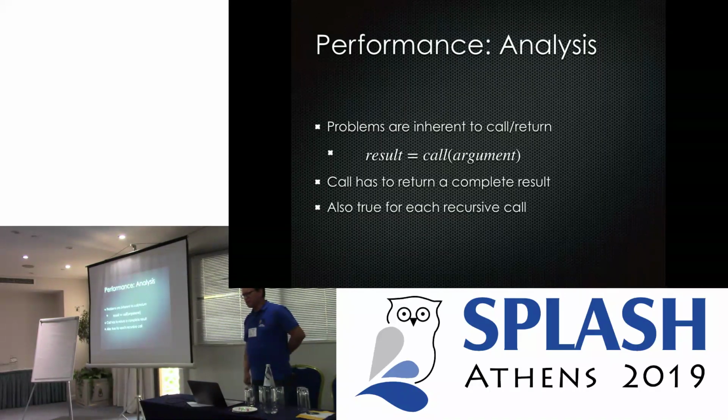And the interesting thing is that this is not because there is a deficiency in the implementation. Once we have decided that we will produce the result using call return, we don't have a choice. We will get this kind of performance because when the call finishes, it has to return a completed result.